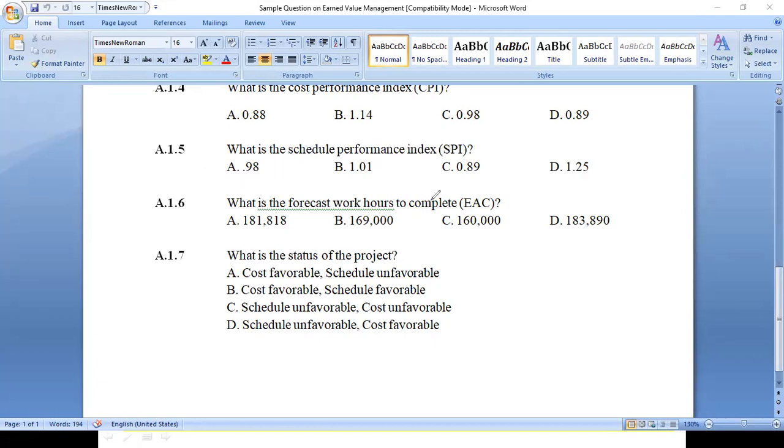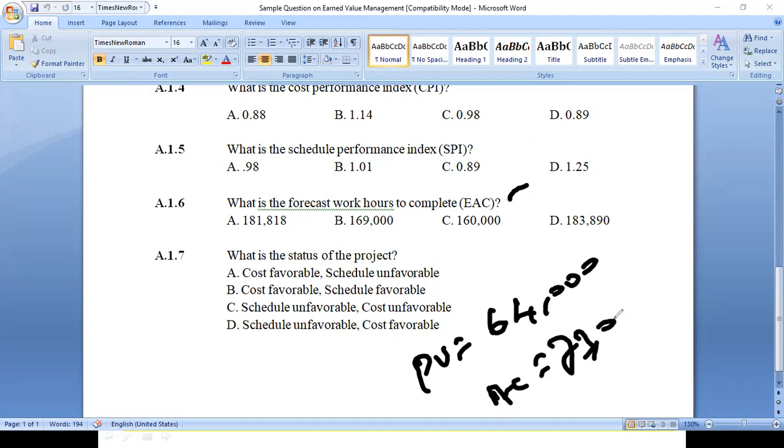So what we need to select is the forecast hours to complete. So they are asking you to calculate EAC. Here, you know very well, planned value will be 64,000, and your actual cost was 73,000.